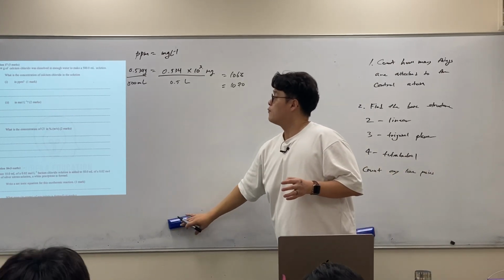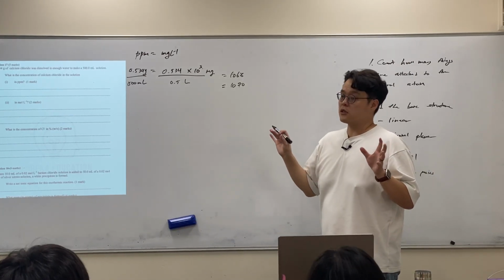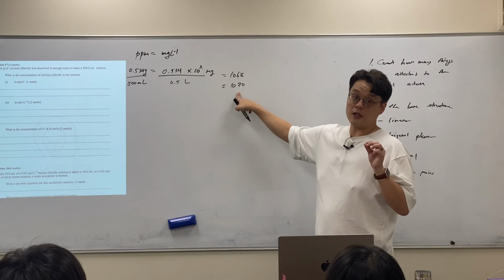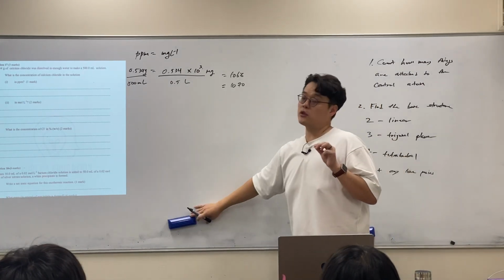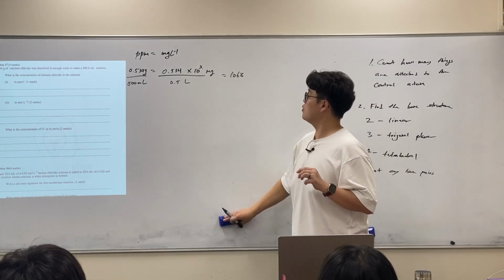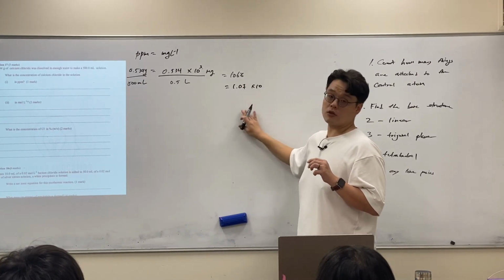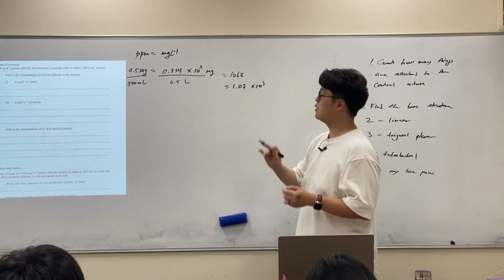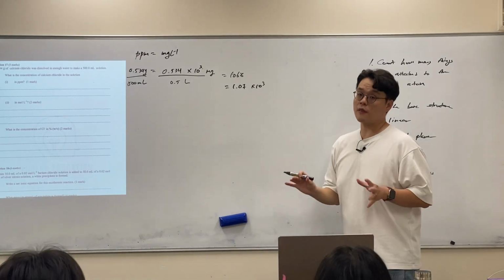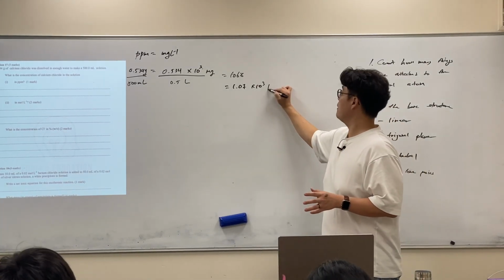But I had a question from some other classes: isn't that a 4? That could be 4 sig figs as well. So the safest way to show 3 sig figs is to write it like this: 1.07 times 10 to the power of 3. That's surely showing the 3 sig figs value of the ppm.